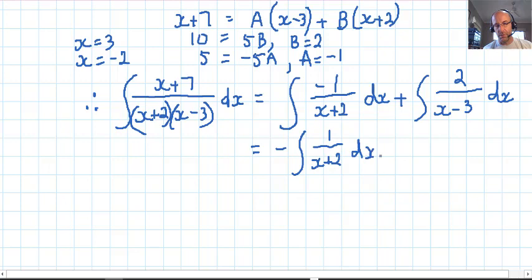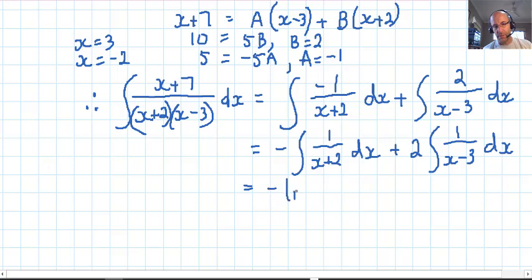where the result involves natural log. Likewise here, it just makes it run smoother. So we have the integral of 1 over x plus 2 is natural log of x plus 2.